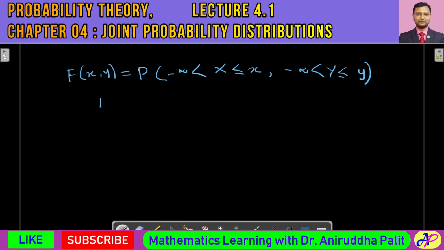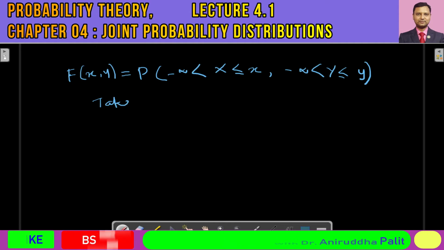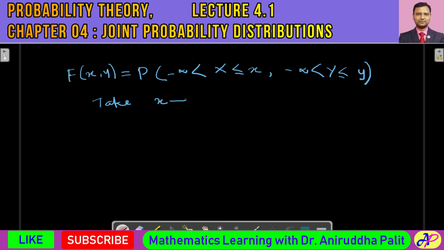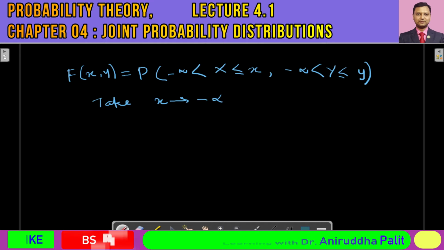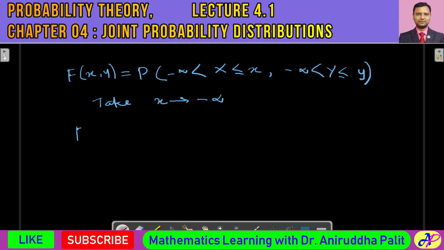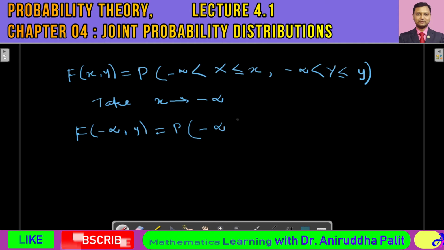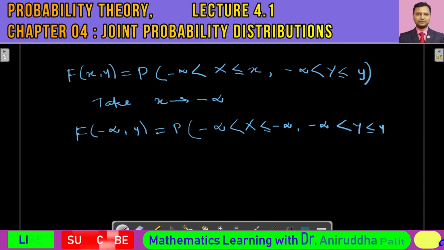If you take the limit x tending to minus infinity, we shall have f of minus infinity comma y, that would be equal to probability that minus infinity less than capital X less than or equal to minus infinity, and minus infinity less than Y less than or equal to small y.